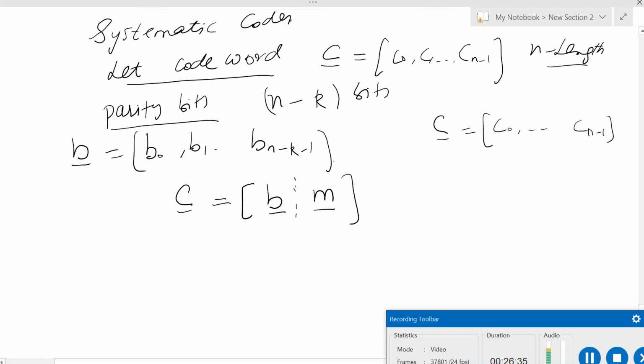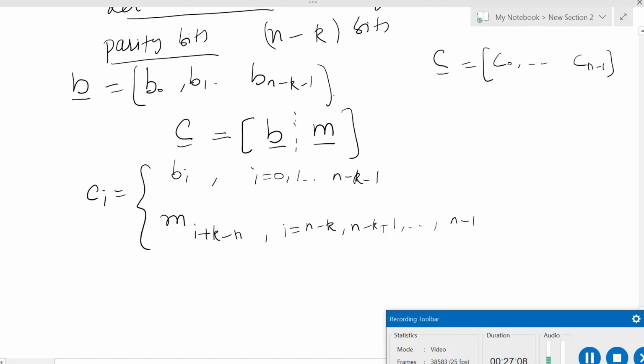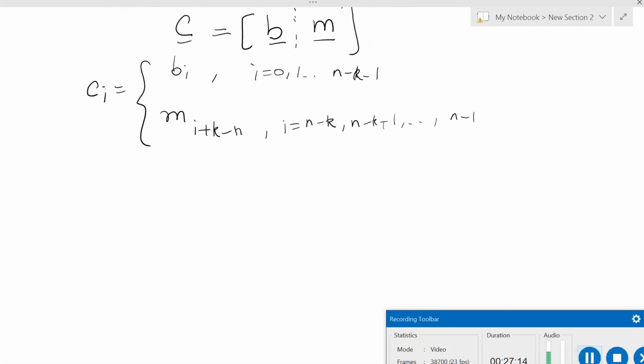So you take any of the bit Ci will be either equal to Bi for i equal to 0, 1 up to n minus k minus 1, because there are n minus k parity bits, or it will be equal to m of i plus k minus n for i is equal to n minus k plus 1, up to n minus 1. It will become more clear with examples, don't worry about it.